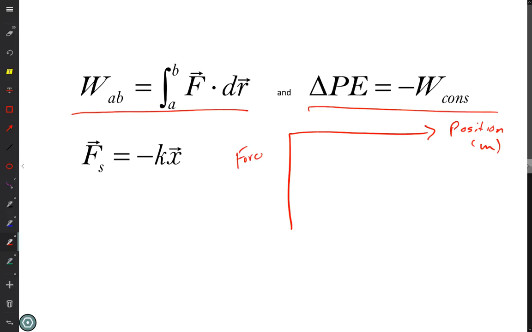The force of the spring in newtons. And of course, I made this so it's going down because of the minus sign.